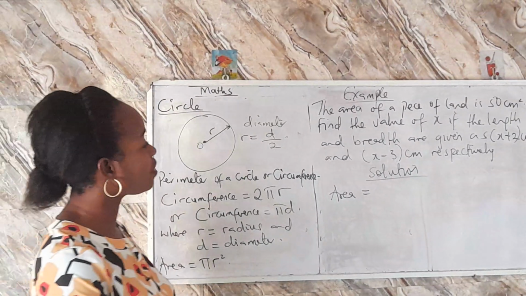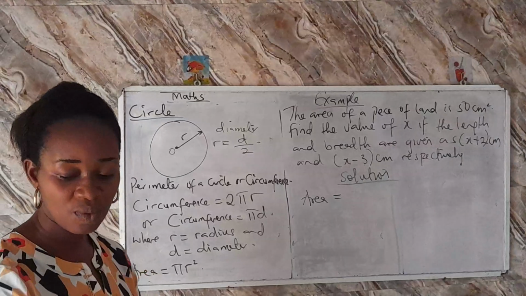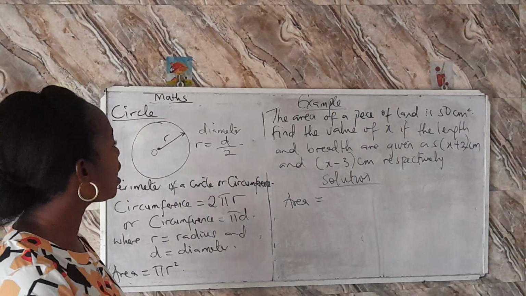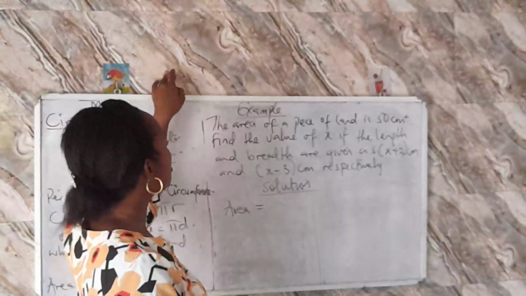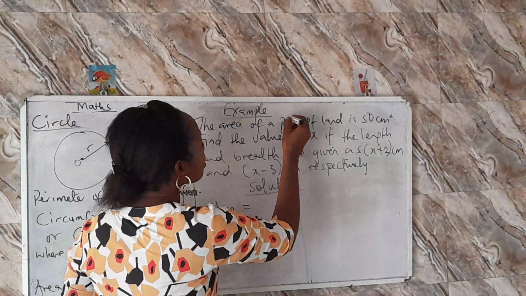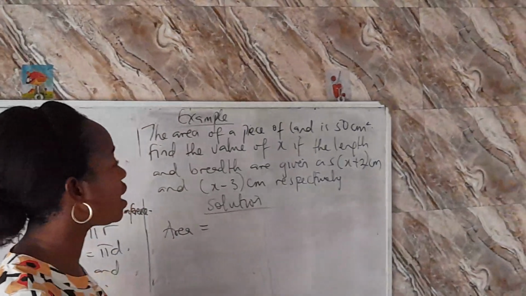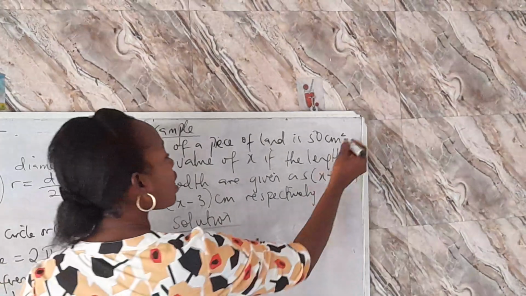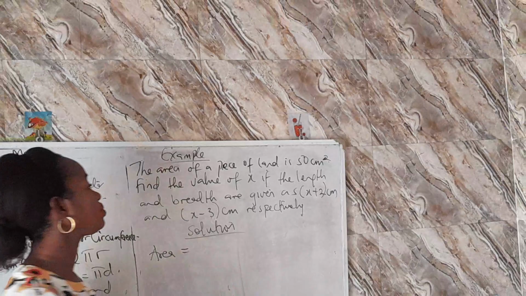Now let's solve one example. The first example says the area of a piece of land is 50 centimeters squared.